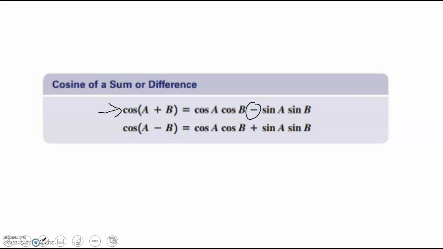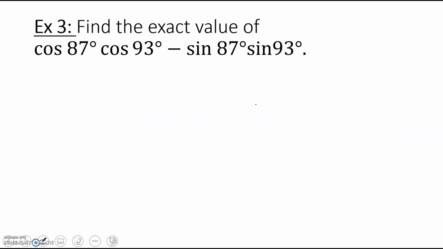So that would be equal to the cosine of the first angle plus the second angle. So this is equal to the cosine of the first angle, 87, plus the second angle, 93, and that's degrees. And so what's 87 plus 93? 87 plus 93 is 180.